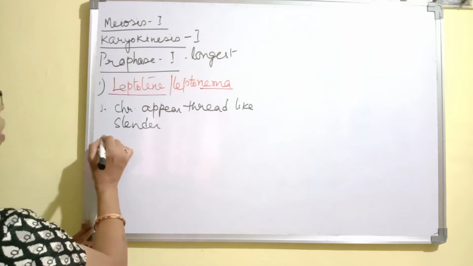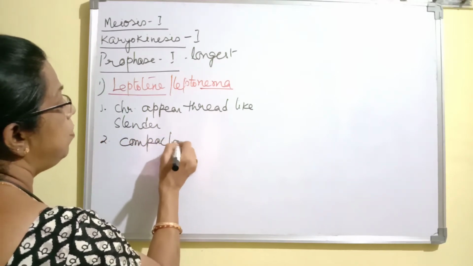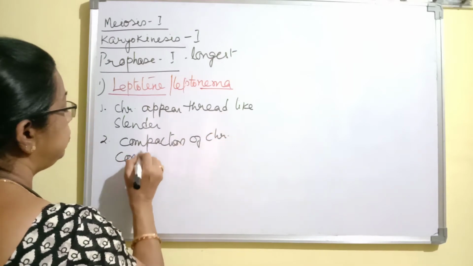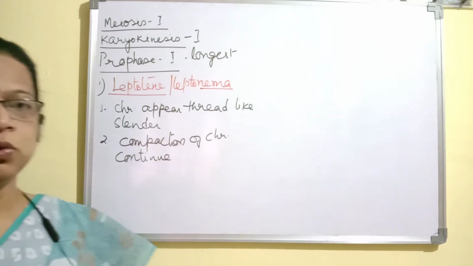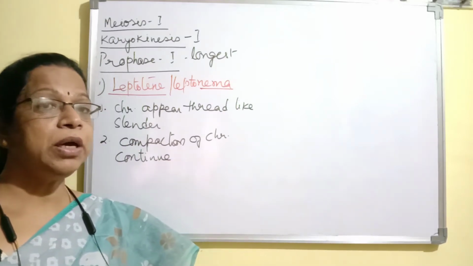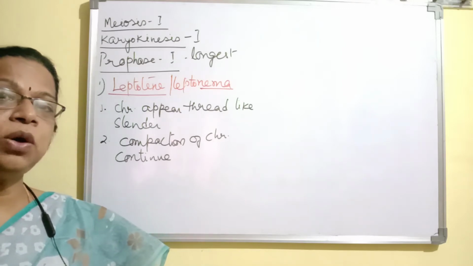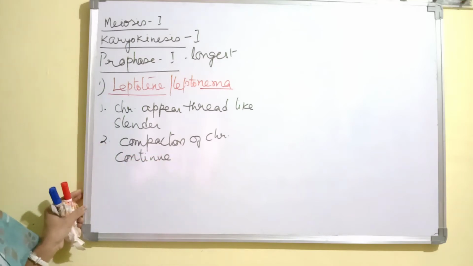And compaction of chromosomes will continue here. Compaction means condensation of chromosomes. Chromosomes start becoming thick rod-like. So that is called compaction or condensation. That starts during this phase.